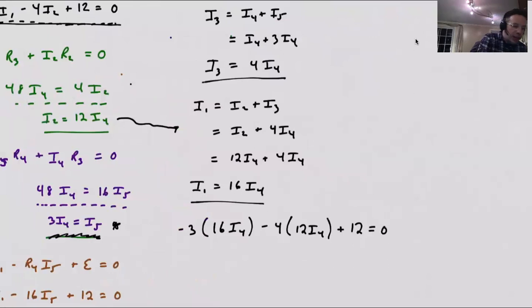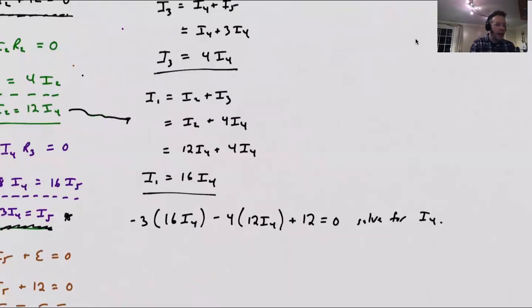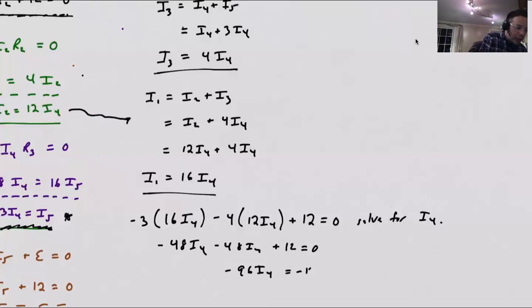And we see here that there is one and only one unknown, and that unknown is I4. Just to be careful with my algebra, I'm going to make sure that I use a calculator. 3 times 16 gives me 48 I4s. 4 times 12 also gives me a negative 48 I4s, plus 12 is equal to 0. 48 plus 48 gives me 96 I4s in general, and that is an overall negative 96 I4s is equal to negative 12.